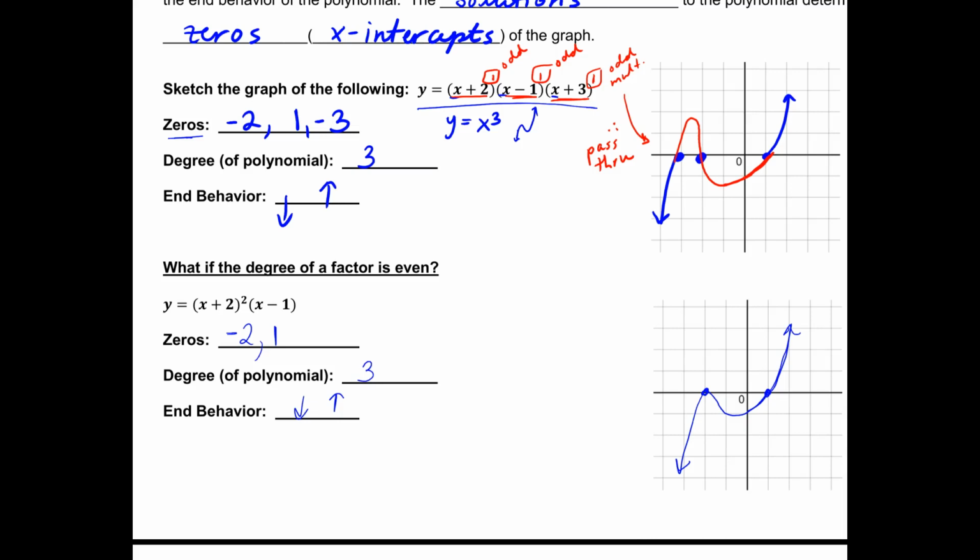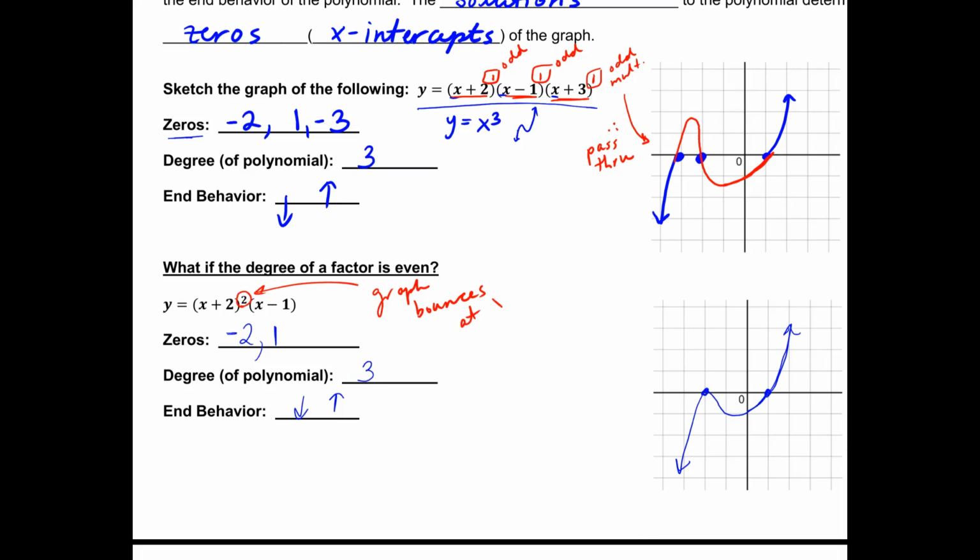You can check to see your 0s should have been negative 2, 1. The degree was 3. The end behavior was down, up. This was similar to the previous problem. What was the one difference? You had this even multiplicity. What does the even multiplicity do again? If you have an even factor, the graph bounces at that 0, right?